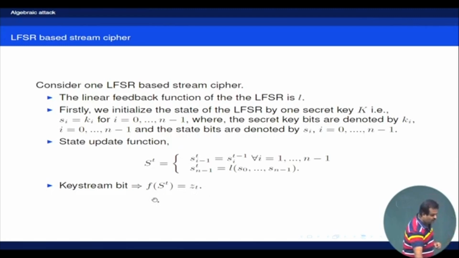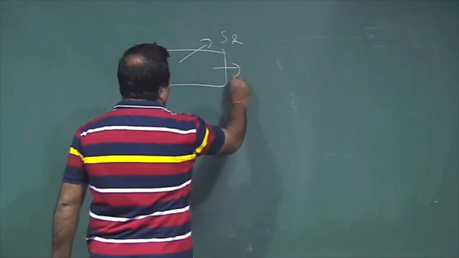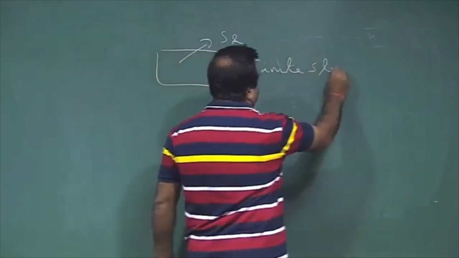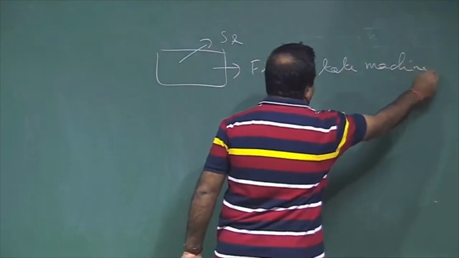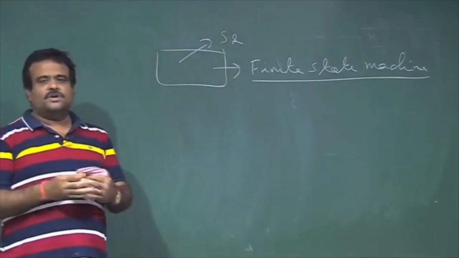So what we have is st, the finite state machine. It could be an LFSR, or a collection of LFSRs, and then we have an f, which could be anything.